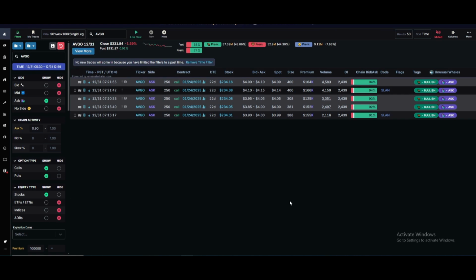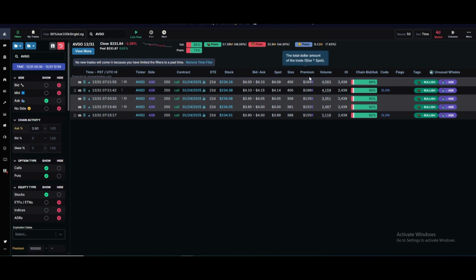So here's some flow that I saw on 1231. This one came out through one of my filters, and it flagged AVGO for a lot of bullish confirmation. If you can see right here, number one, this is short dated for 22 days.